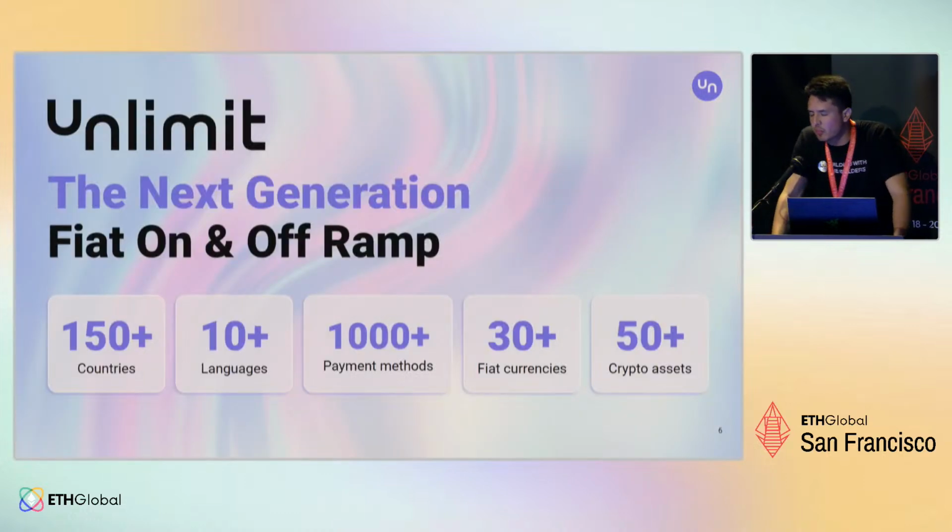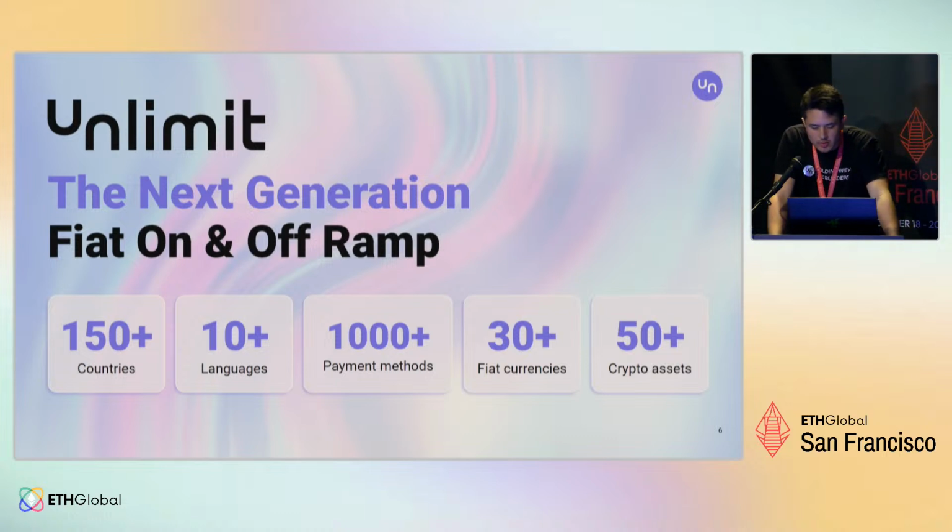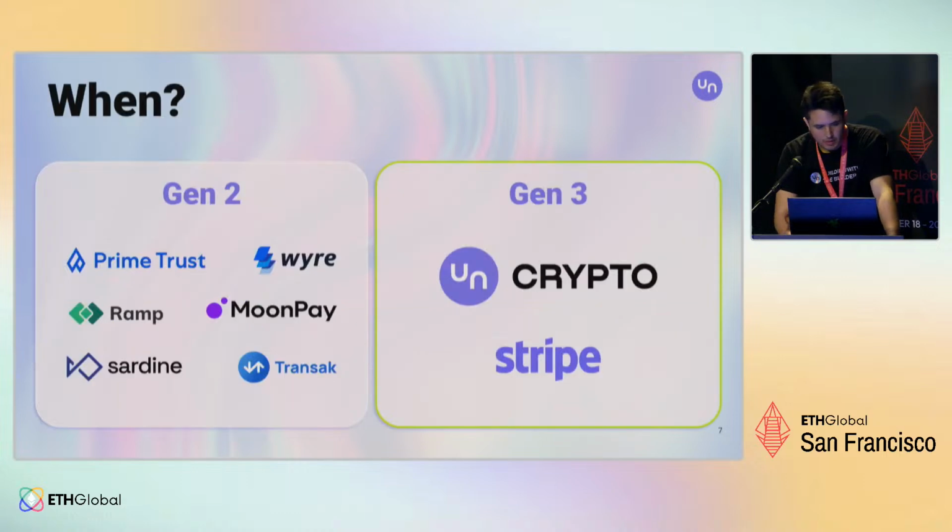We're aiming to embrace the next generation of fiat on and off ramps. Our coverage is more than 150 countries in credit card and debit card acquiring. We have more than 10 languages available, more than 1,000 payment methods, 30 fiat currencies, and more than 50 crypto assets across 12 different networks. All of that will be available in the API docs that will be shared with you.